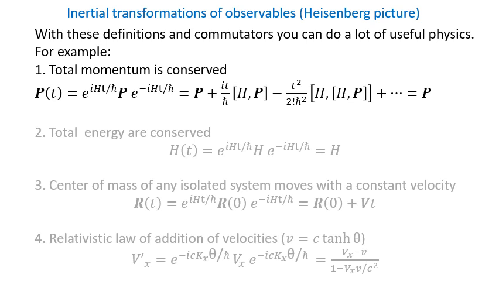Then we obtain immediately how observables transform from one frame of reference to another in the Heisenberg picture. For example, the total momentum is conserved. This follows from the fact that the total momentum commutes with the Hamiltonian.